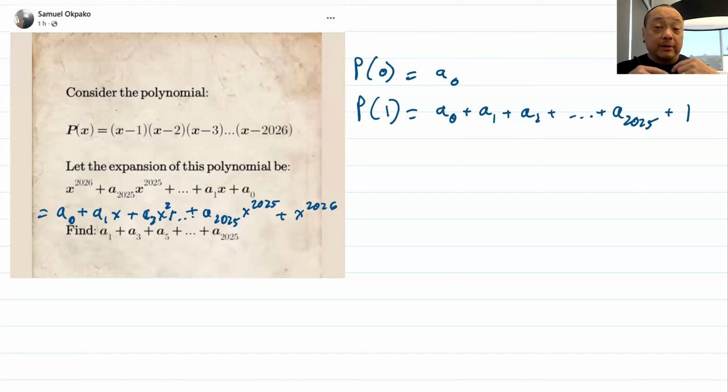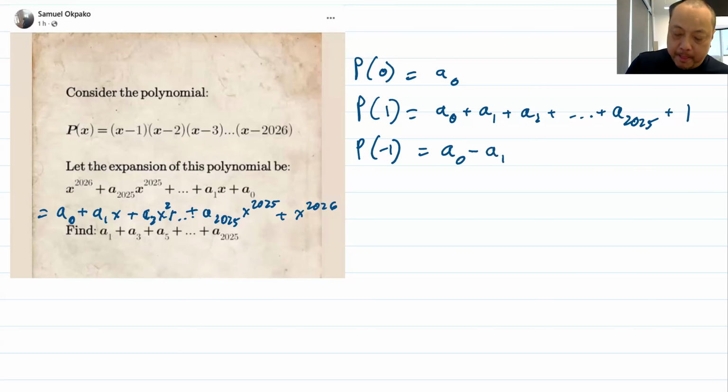And then we also know that p of negative 1 is equal to what? P of negative 1 is equal to, first of all, we have a naught. And then for x, it's negative 1, so it becomes minus a1. But then for x squared, negative 1 squared is a positive 1 again. So now I have plus a2.